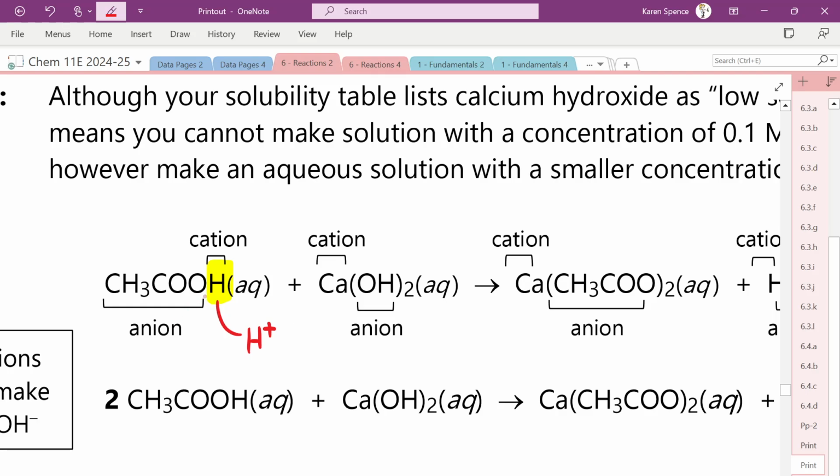That means that everything else, the CH3COO, is all a polyatomic ion, and because H is positive, it's going to be negative. So we have CH3COO minus.